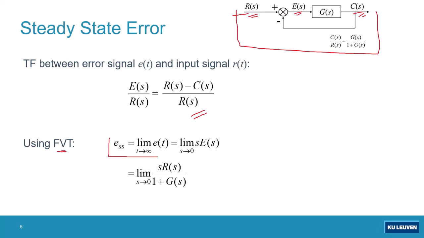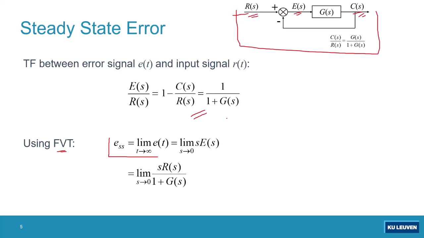E over R can be calculated because we know E is equal to R minus C. So E over R will be equal to R minus C over R. And then if we manipulate this equation mathematically, we can get this form of E over R. E over R will be equal to 1 over 1 plus G, where again G is the open loop transfer function of our unity feedback system.